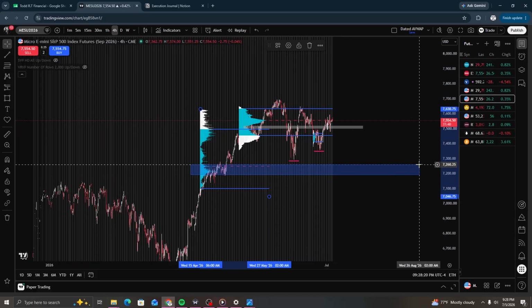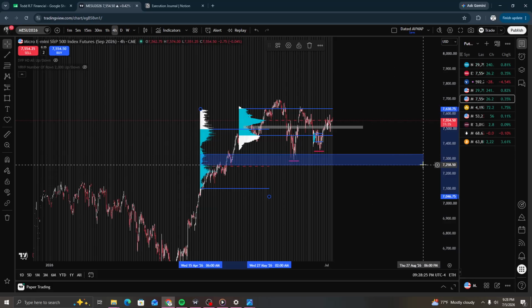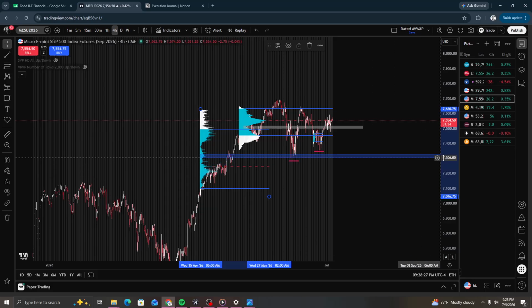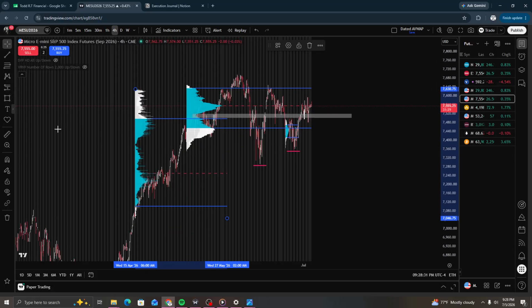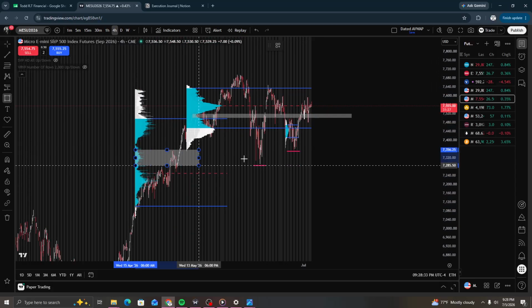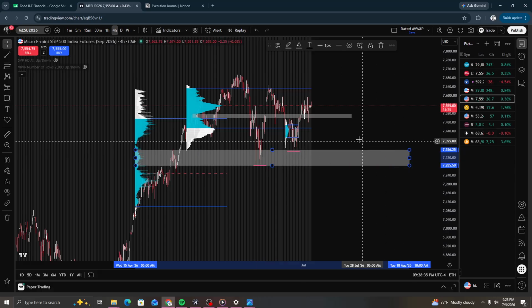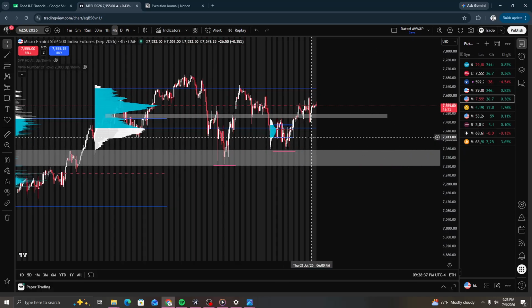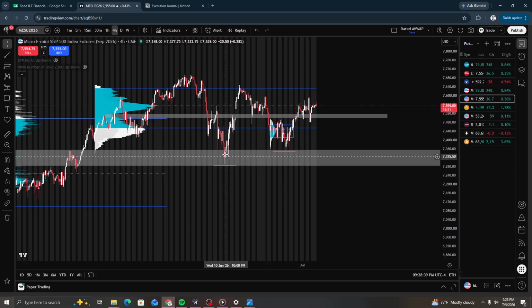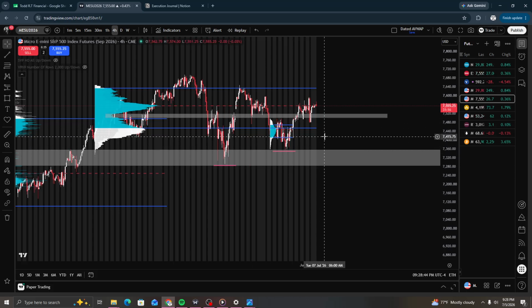If this range, it would be really bad for markets if we were to... We tried to find value down here, failed, came back, didn't want to come near that area.